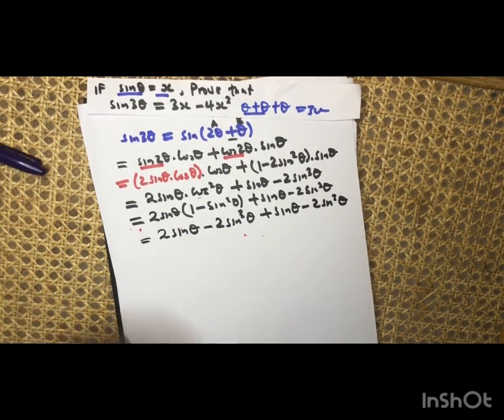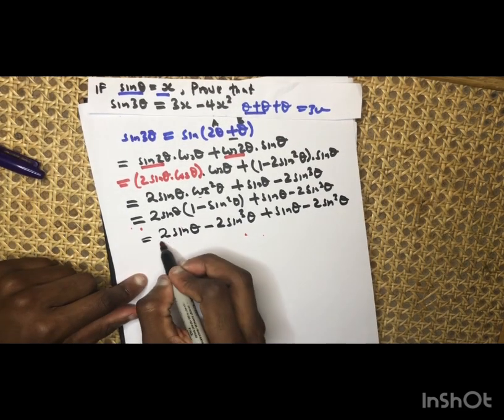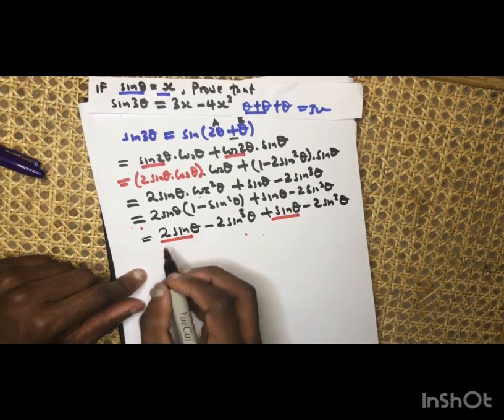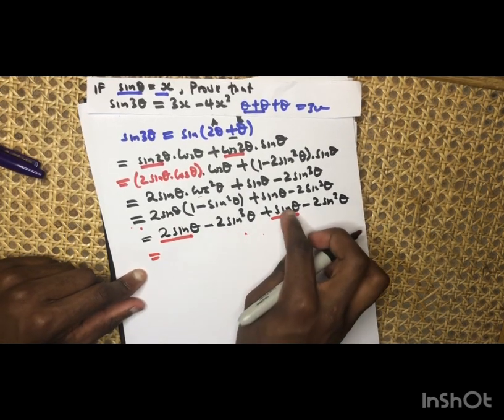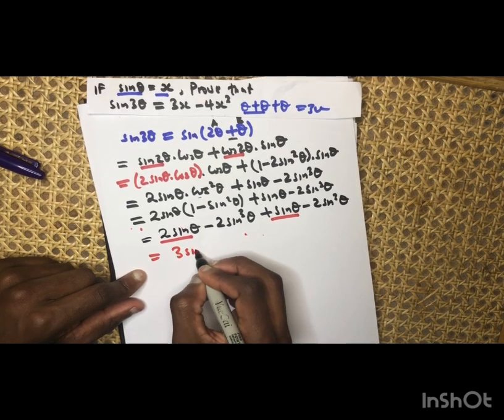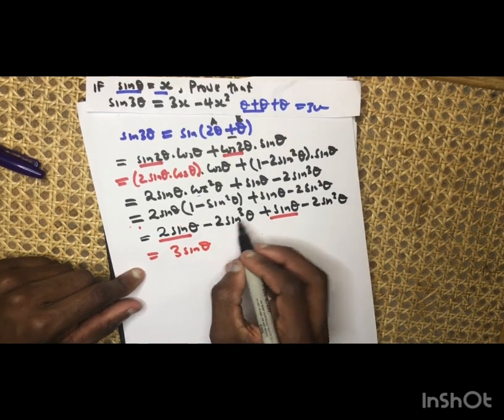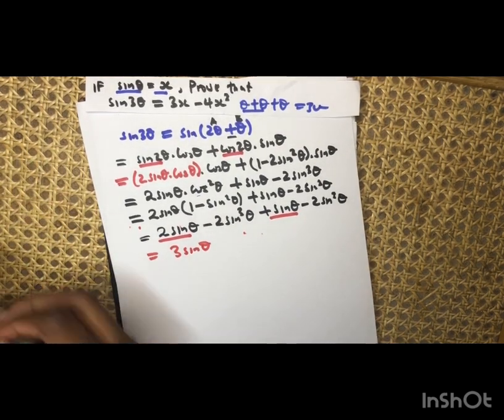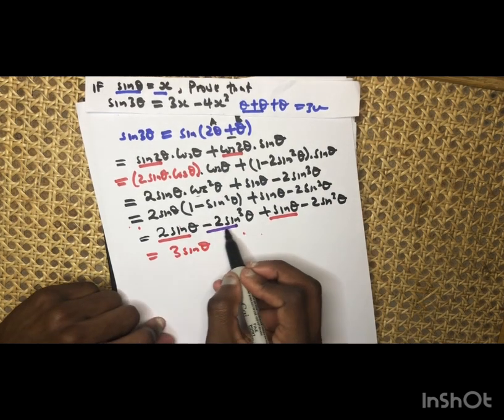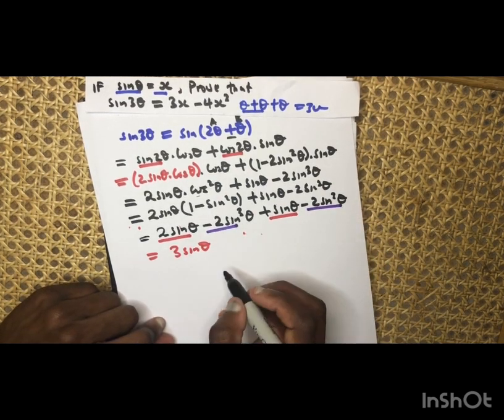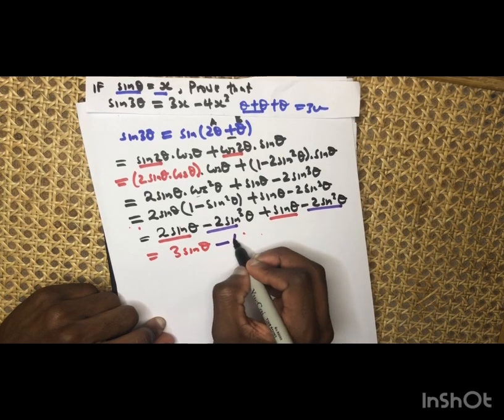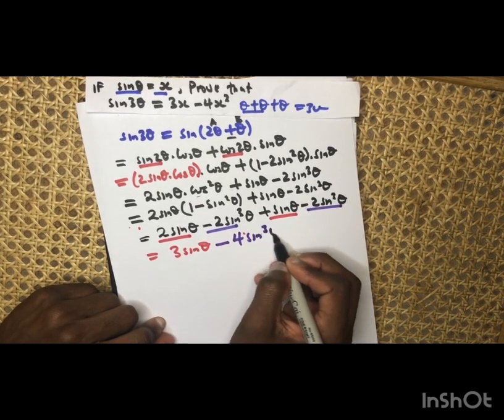So then we try to add the like terms. We're going to get 2 sine theta plus sine theta, we're going to get 3 sine theta. So then we said minus 2 sine cube minus 2 sine cube, we're going to get minus 4 sine cube.